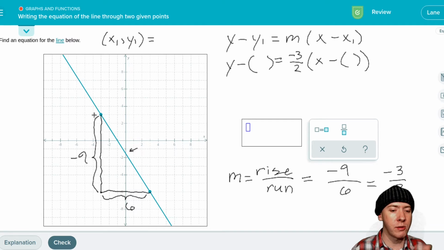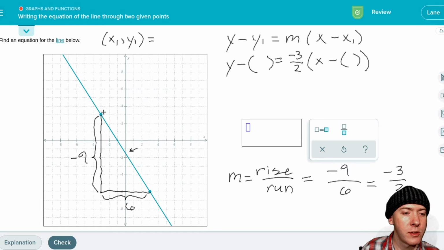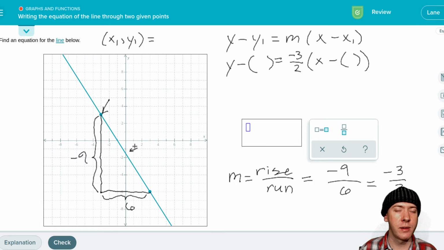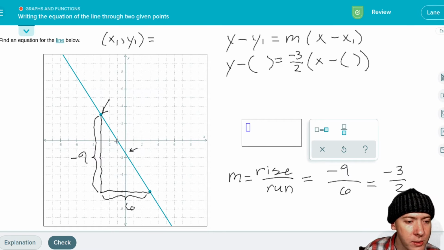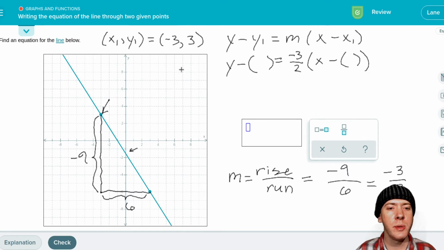We would get the same answer if we used the other point, but I'm going to pick this one. So what are the coordinates of that point right there? The x value is -3, and the y value looks like 3. So that point is -3, 3. So we are going to plug in -3 for x1 right here, and we'll plug in +3 for y1 right here.